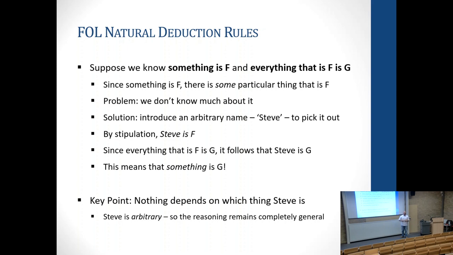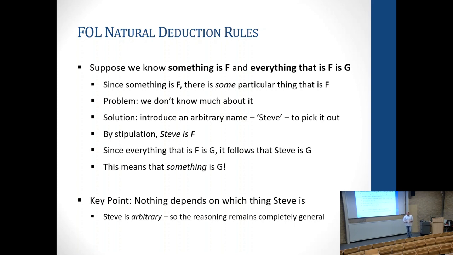I don't know. I was calling him Steve, but I don't really know who that is. What's really important here is that nothing in this reasoning depends on knowing what Steve is. Steve is just a grammatical element here introduced for us to do our reasoning.